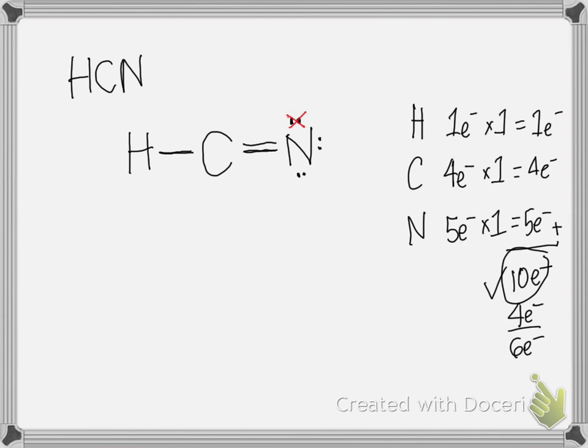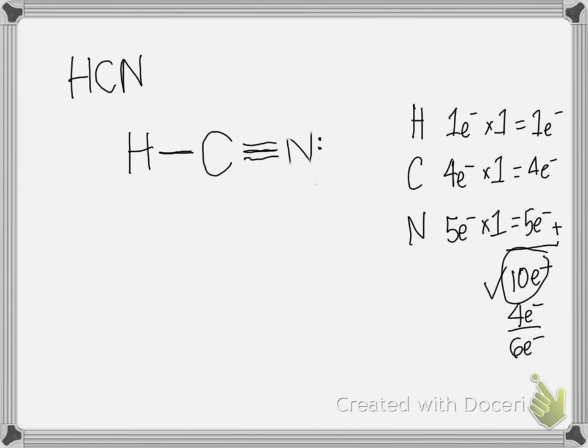So this one would require a triple bond. So I'm going to take another one off nitrogen, and I'm going to draw a triple bond. Now looking, carbon does have 8: 2, 4, 6, 8. And nitrogen still has 8: 2, 4, 6, 8.